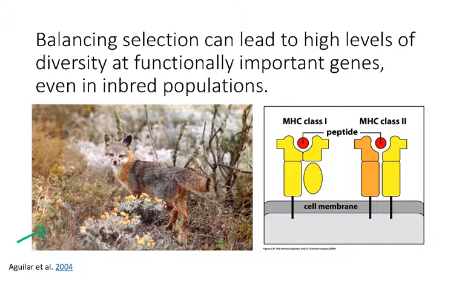But what's interesting is that at some particular genes, like these MHC genes that are involved in immune response, they actually have high levels of diversity there that are maintained by balancing selection. So overall, even if inbreeding is super high across the genome, if you have some diversity in these functionally important genes, it can still help the population to survive and persist.